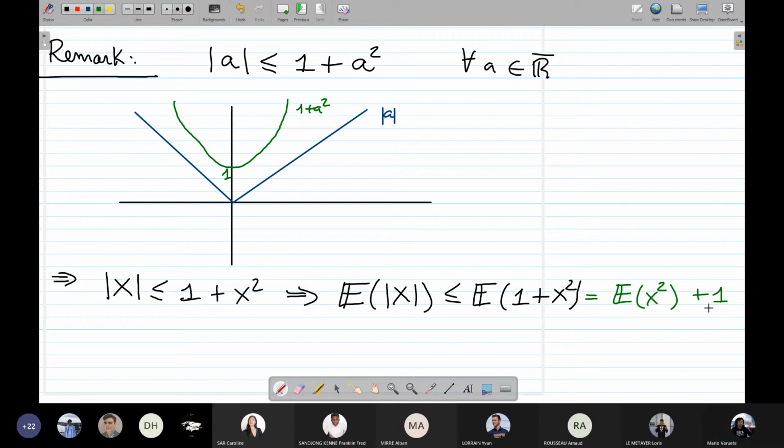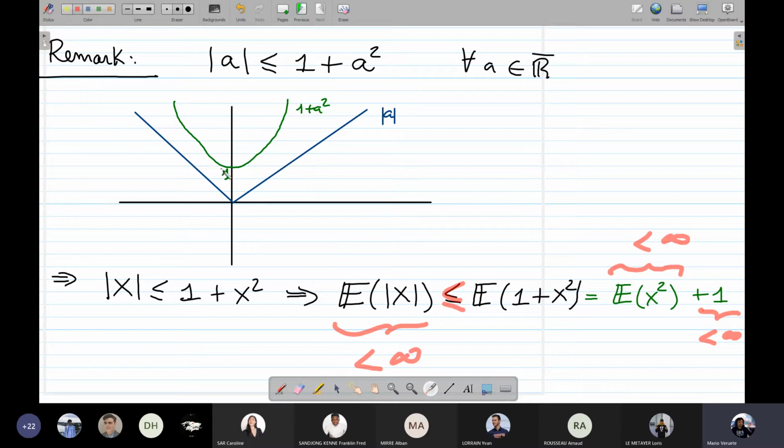Okay, what can you conclude from this? It means that 1 is obviously a finite number, okay? So this guy is finite. But if you can prove in some way that this is finite, then by this inequality, this guy will be finite too. Is it clear for everyone?